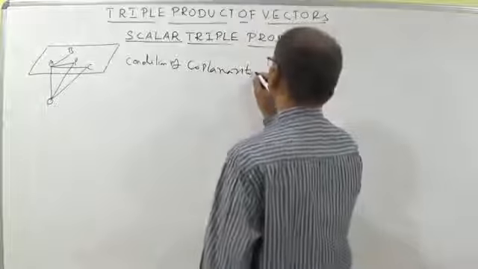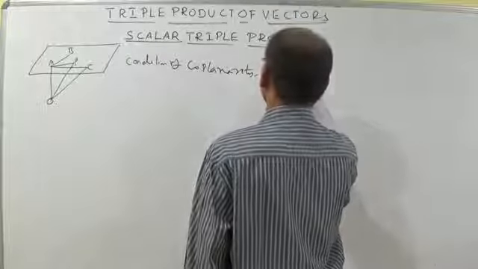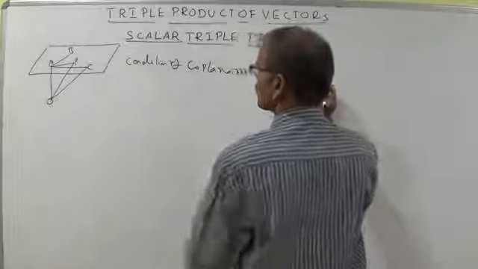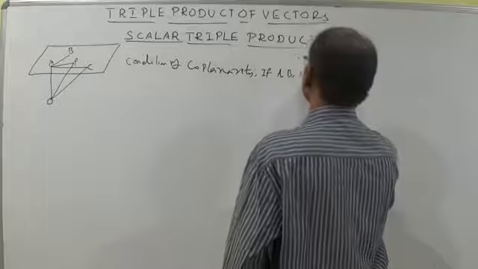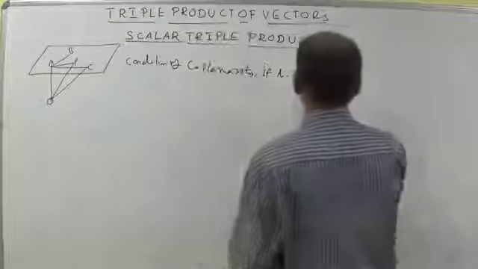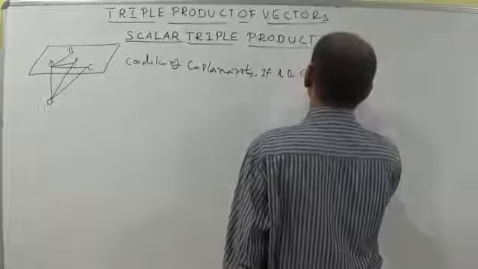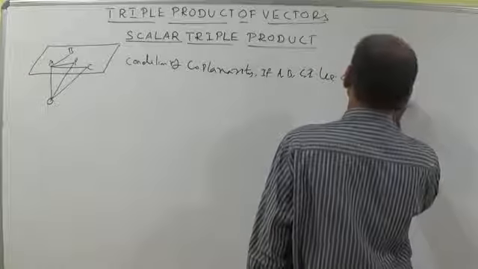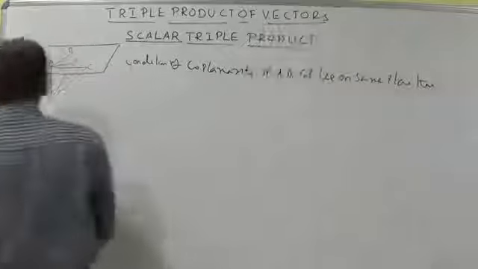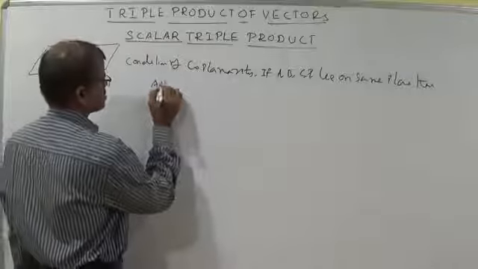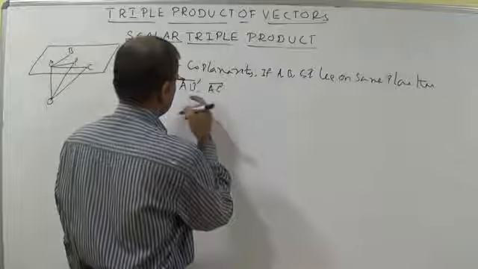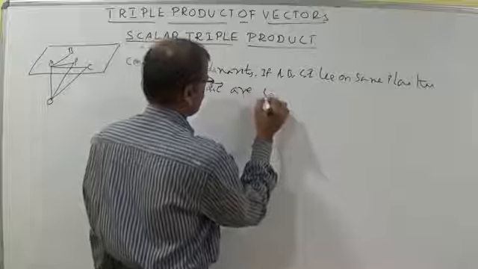Using this, the condition of coplanarity I am writing: if A, B, C are coplanar with respect to the given position vector P, if A, B, C, comma P lie on the same plane, A bar, B bar, C bar, P bar lie on the same plane, then the vectors we joined, AP bar, AB bar, AC bar, are coplanar.